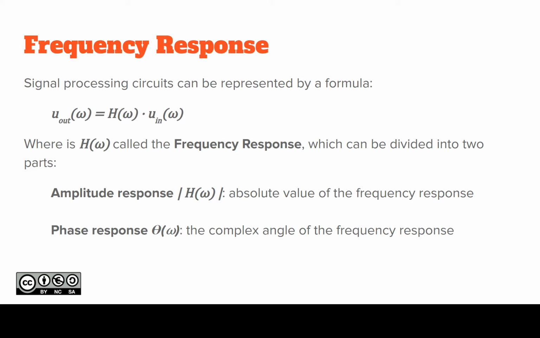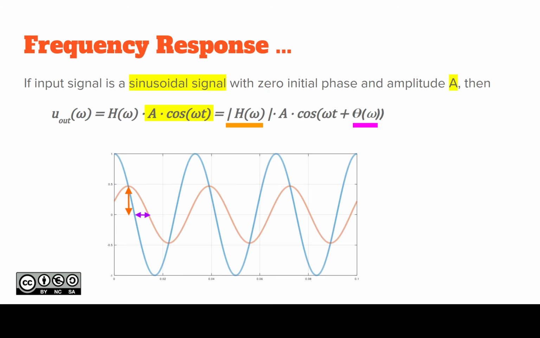So that's basically the complex angle of the frequency response. The phase response will tell you what is the phase difference between the signal which is coming in compared to the signal coming out, or actually the other way around. So it tells about how much phase is changing on that circuit.